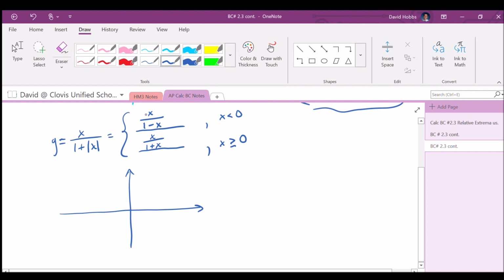Well, it's x over negative x, and so therefore it's negative 1. And what if we're going to positive infinity? Well, it's positive 1. And let's see, what if x is equal to 0? Well, 0 over 1 plus 0 is 0.